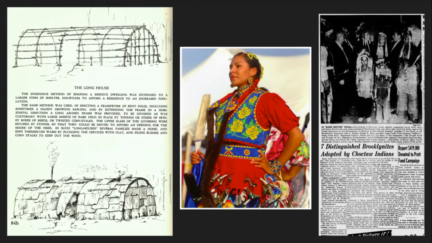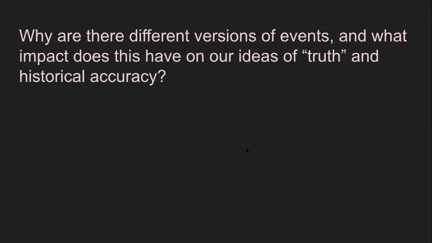So we're skipping that part of the activity, the second kind of talking with someone else about the answers that they found for their source. But what we would do to then wrap up our activity is think about this final question: why are there different versions of events, and what impact does this have on our ideas of truth and historical accuracy?